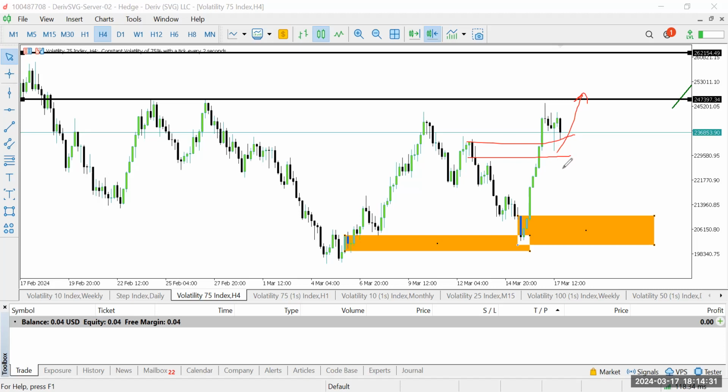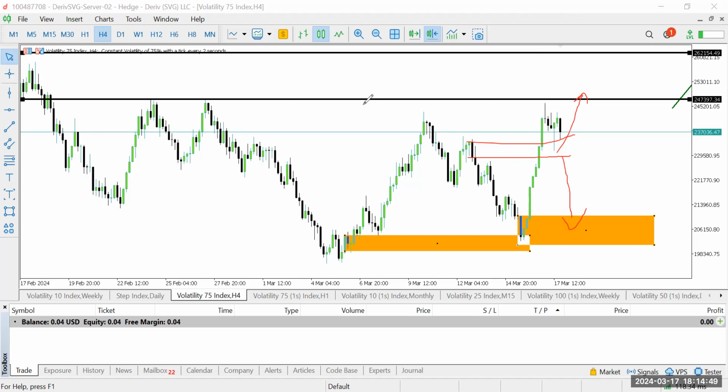So if that area should fail again, then you may be coming here. Okay, so let me not get ahead of myself. I'll be more interested in the buys than the sells, even though when I get a nice sell setup, I'll take it. I'll be looking forward to swinging the buys more than the sells.